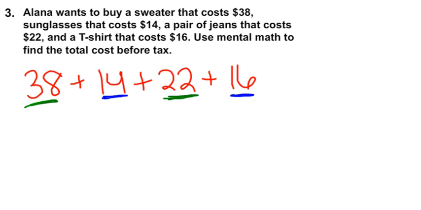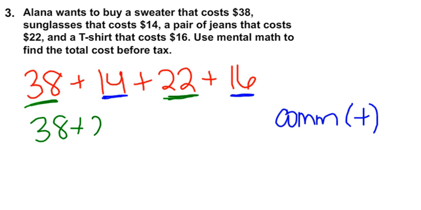So I'm going to use the commutative property of addition to reorder these. I'm going to say 38 plus 22, and then 14 plus 16. Now I am going to group the ones that I want to add first.